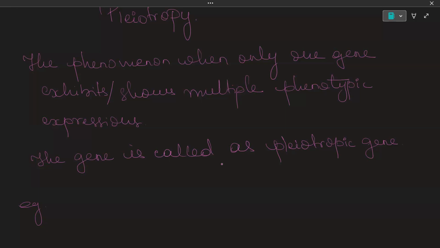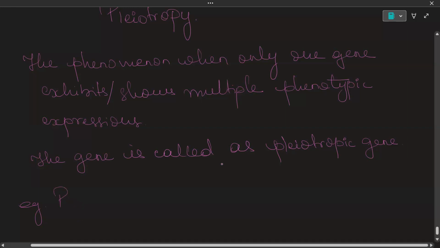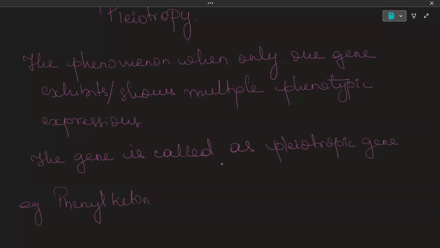So here, if we want to write the example of pleiotropy, we'll write phenylketonuria. This is caused in humans, and this disease occurs because of mutation. Why?